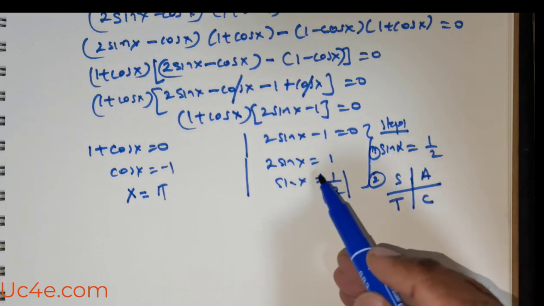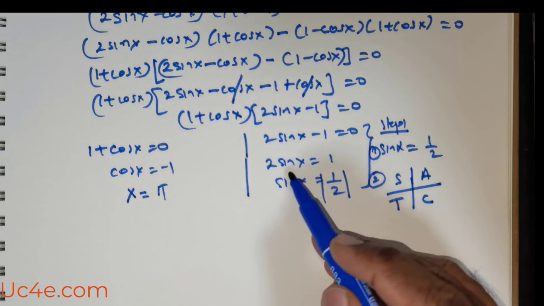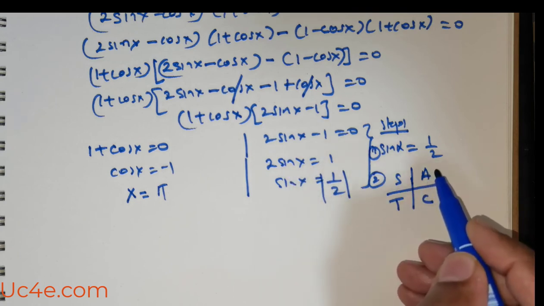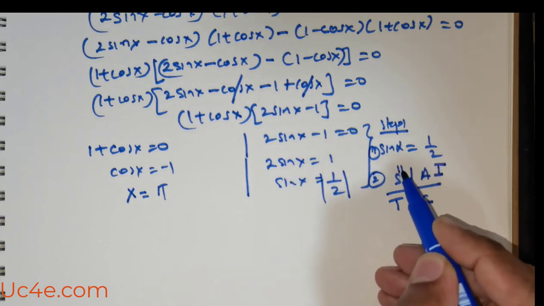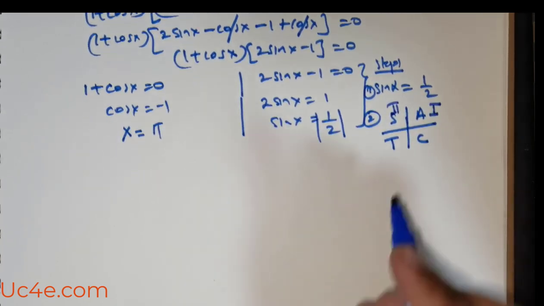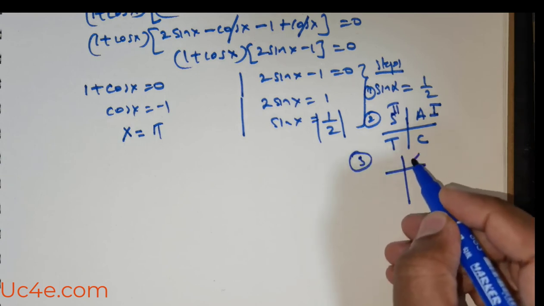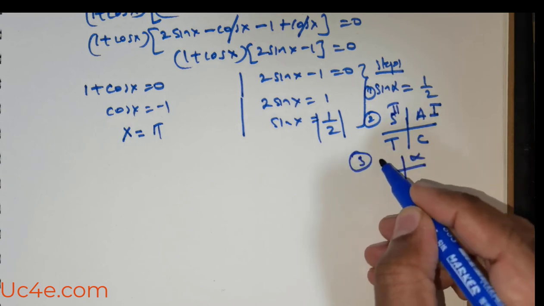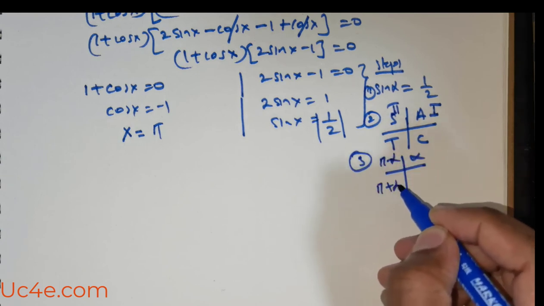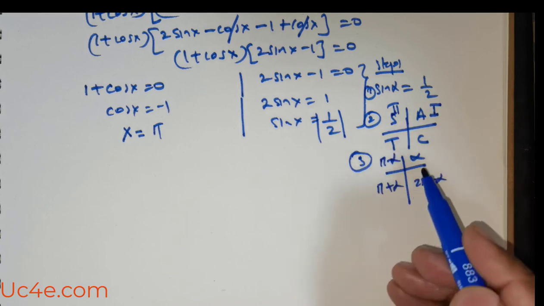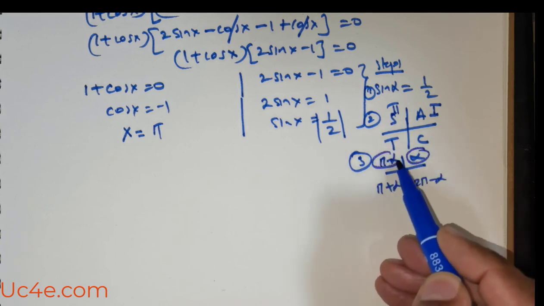We want the value of sine to be positive, so that is possible only in the first quadrant and in the second quadrant. The values are alpha, pi - alpha, pi + alpha, 2 pi - alpha. So we are looking at this point and this point.